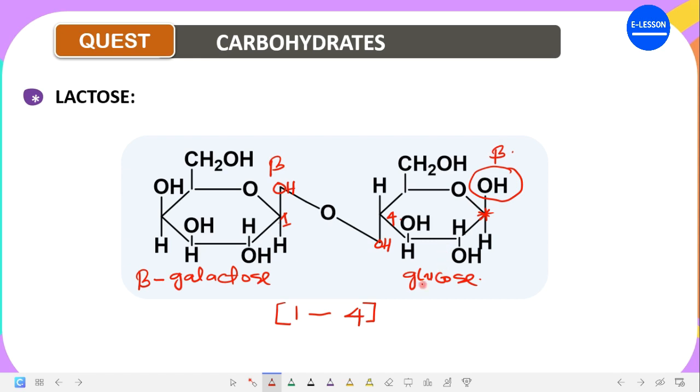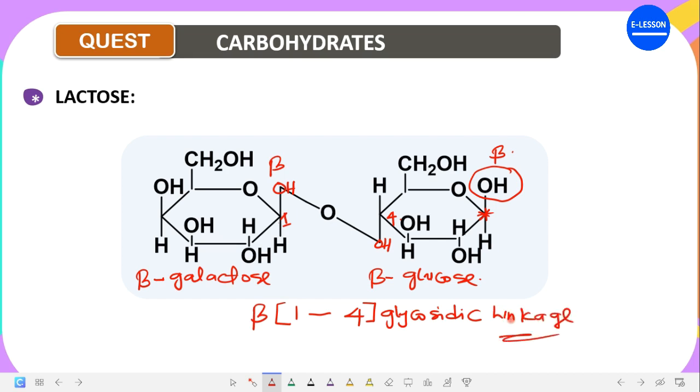So this is beta D-glucose. So we can say that the linkage that links galactose and glucose together is what? Beta 1,4 glycosidic linkage. Are you getting it now?